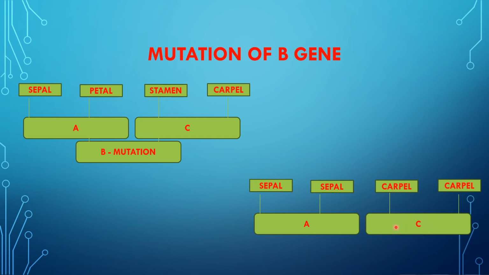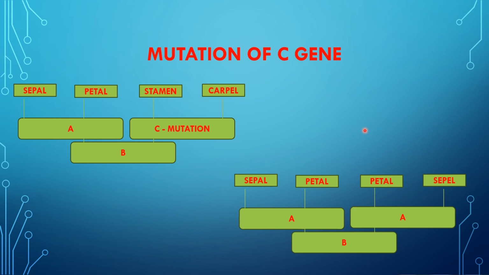And gene C alone produces carpel, and once again, gene C alone produces carpel. There are always 4 whorls in a flower. And since B gene is absent here, we see 2 sepal whorls and 2 carpel whorls. And this is the result when there is a mutation with regard to B gene.